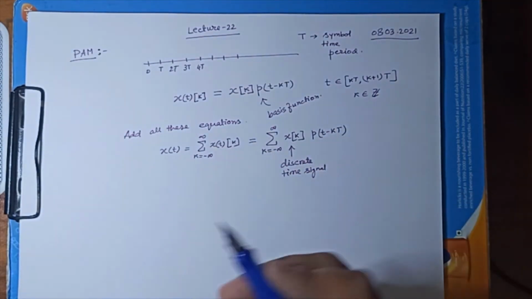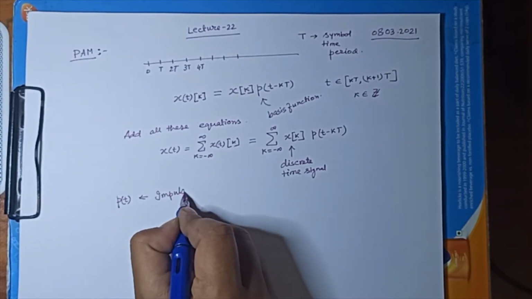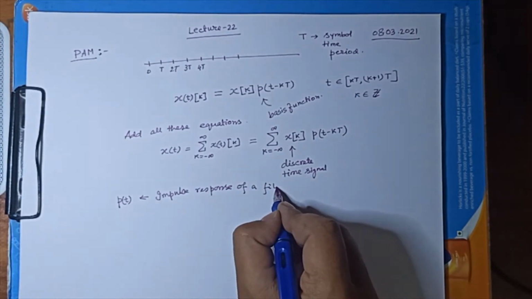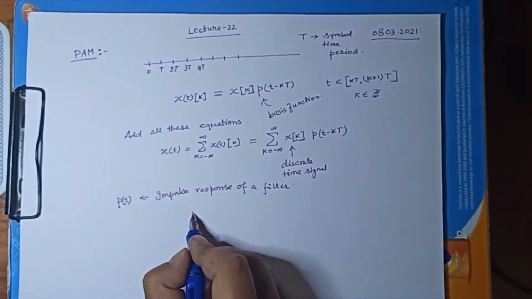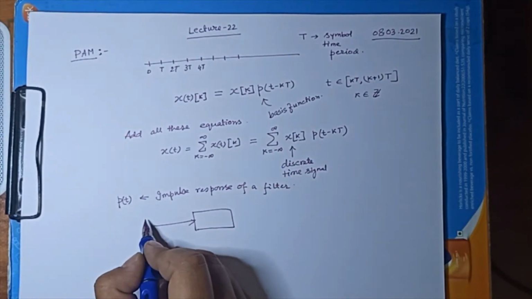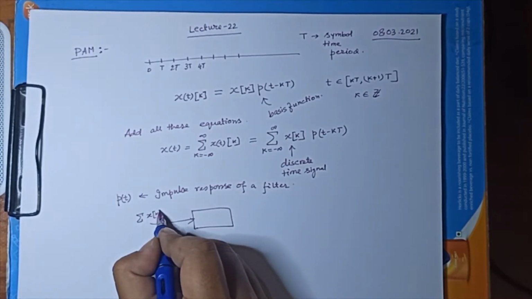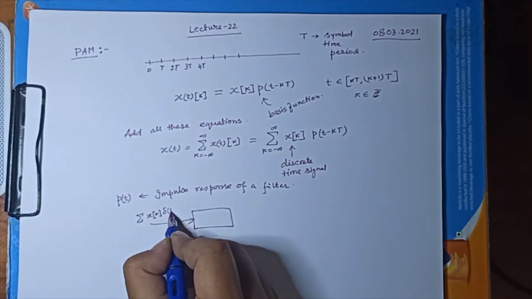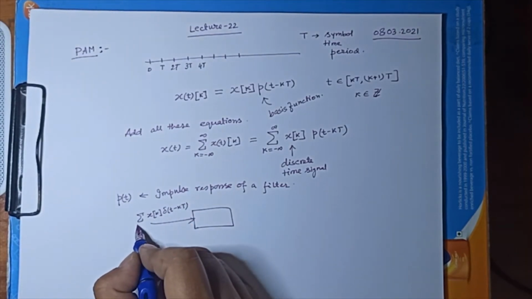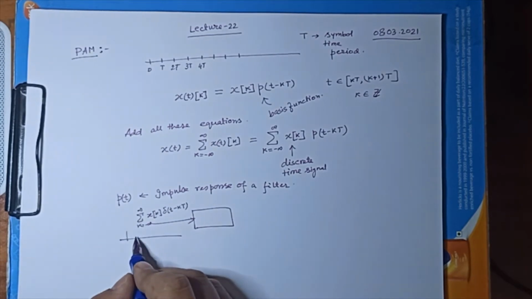If p is the impulse response of a filter, then I can think x(t) to be basically the output when the input is the sequence, which I can write simply as x_k, or I can write in terms of the impulses, say x_k delta(t minus kT), k is equal to minus infinity to infinity, which is basically those symbols, those values that are coming.